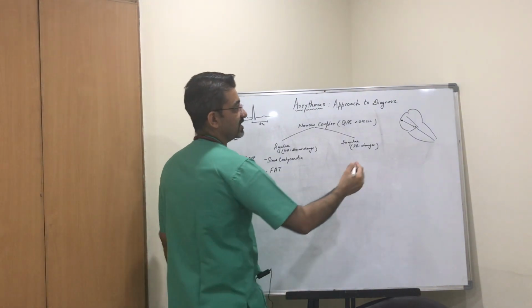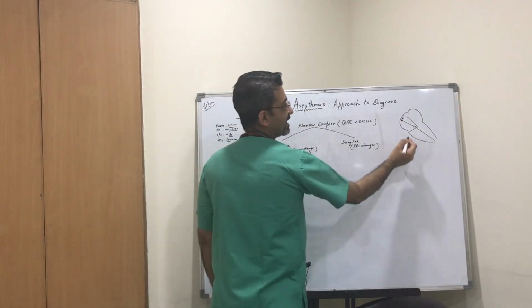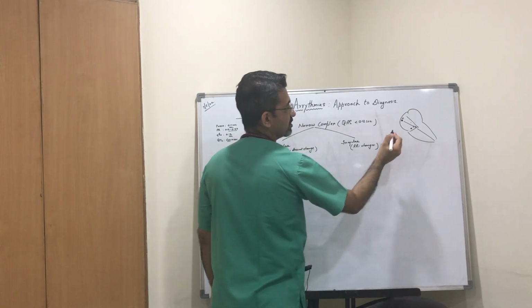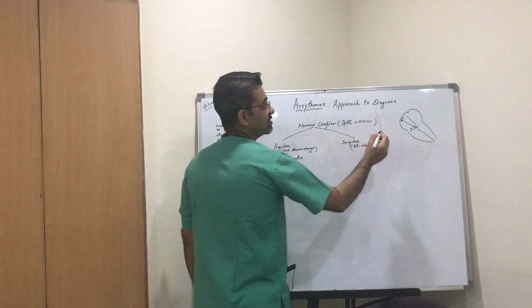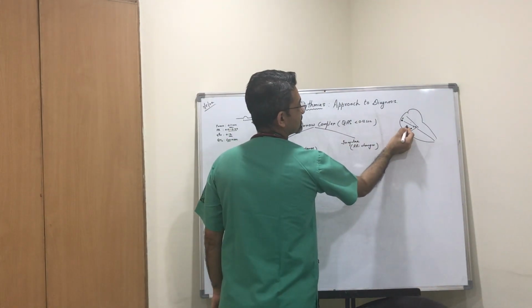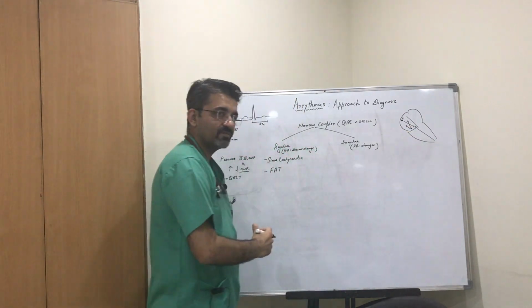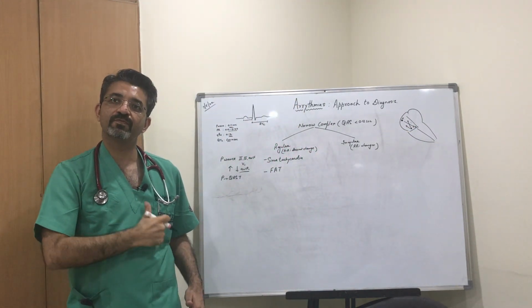Now what happens is the SA node is not functional because of some problem. So there is an ectopic pacemaker. Say here you have a pacemaker, a new atrial cell has taken over the SA node. So it will start spreading the impulse, but the impulse spread will be like this. So the vector would be pointing away from the positive electrode of lead 2.